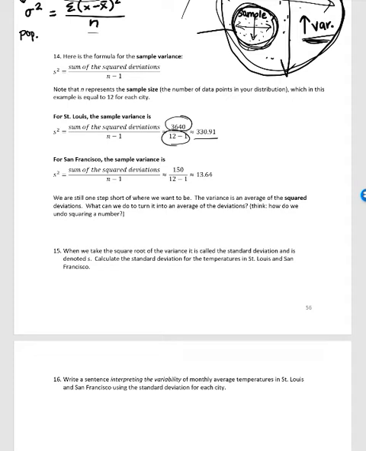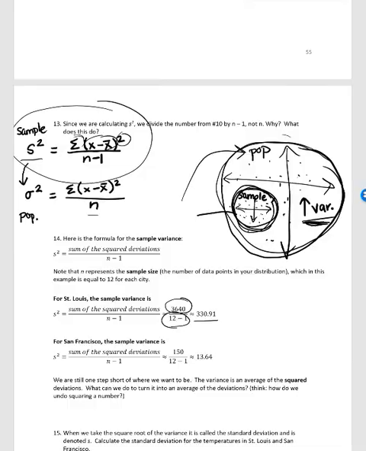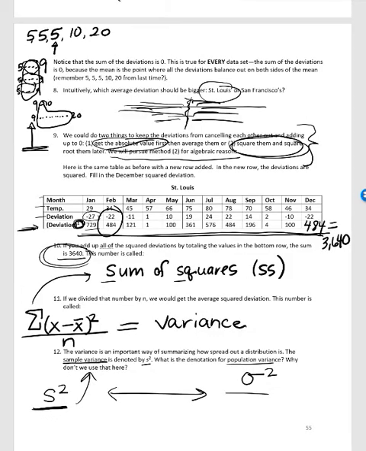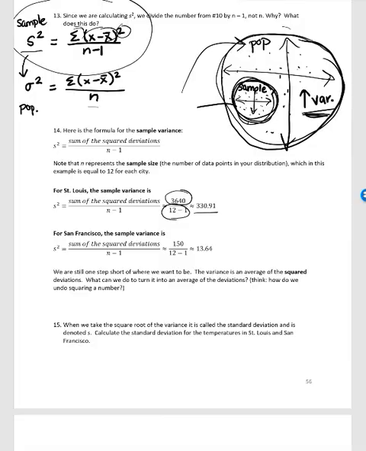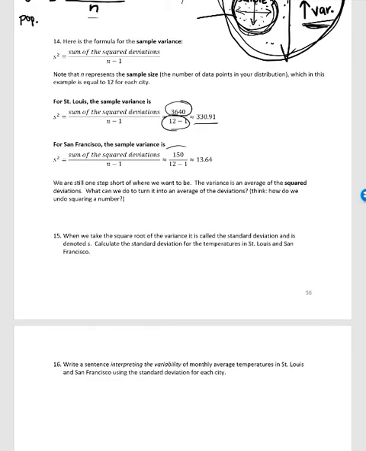For San Francisco, if you add up that bottom row of the squared deviations, you would have to square them all first and do it yourself, or you can take my word for it. Believe me when I say that it is 150. So if you square all the deviations and add them up, 150, divide by 12 minus 1, because again, this is also a sample, and we get about 13.6.